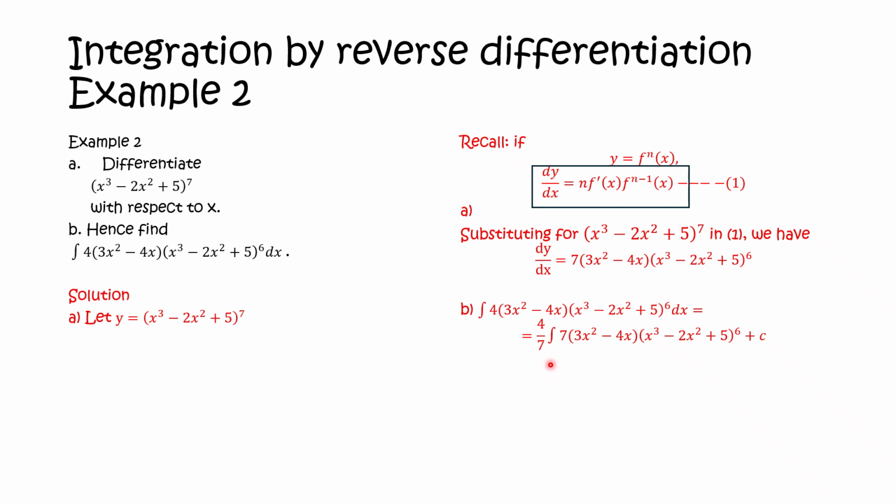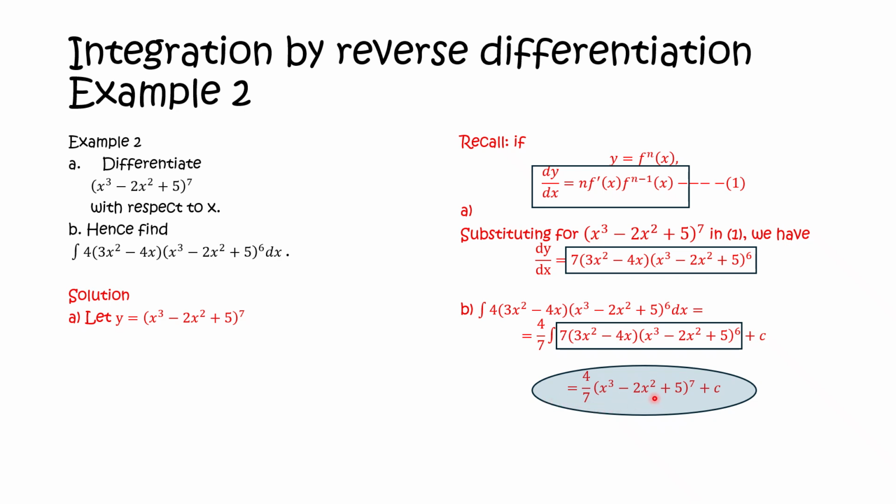As we do that, we have a 4 over 7 outside the integral, and inside we have something that is identical to what we obtained in part A. So we can reverse what we have to where we started from. In that case, we are going to have 4 over 7 times x cubed minus 2x squared plus 5, all raised to the power 7, plus c.